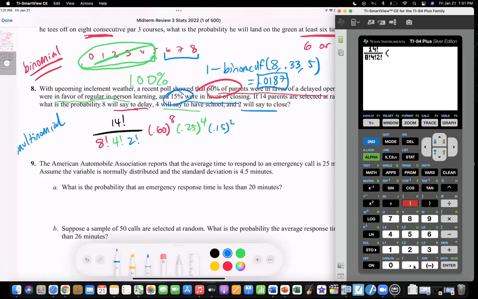Okay, so we want 60% chance, 8 of those, 25% chance, 4 of those, and 15% chance, we want 2 of those. So 8, 4, 2, let me check it. Yep, sounds good. Okay, so 0.066.